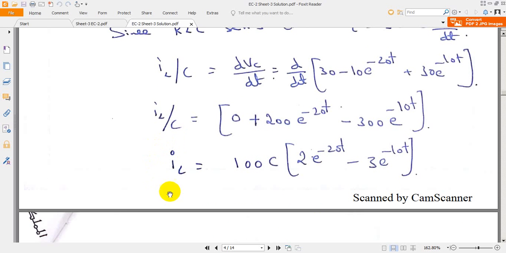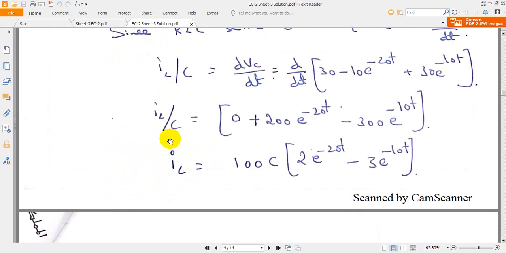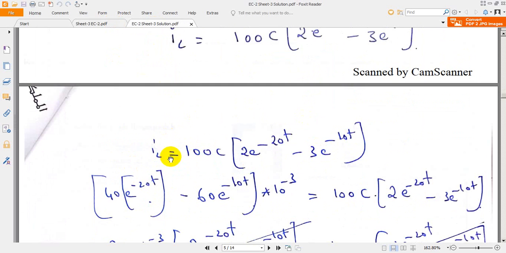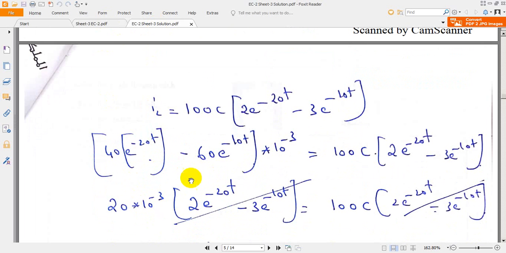We also know the current through the inductor, it is given in the question: 40 e power minus 20t minus 60 e power minus 10t milliamperes. So in place of IL we will be writing the equation given in the problem. It is in milliamperes, so it should be 10 power minus 3, and 100C into 2 e power minus 20t minus 3 e power minus 10t.